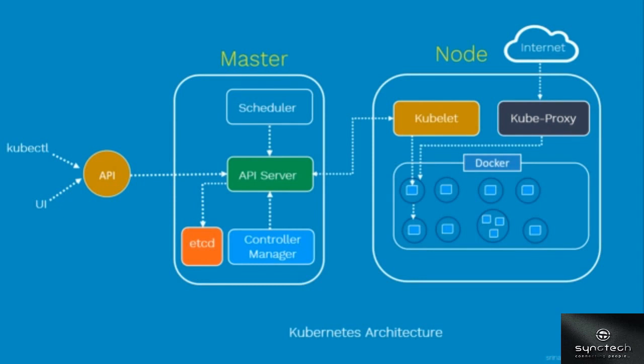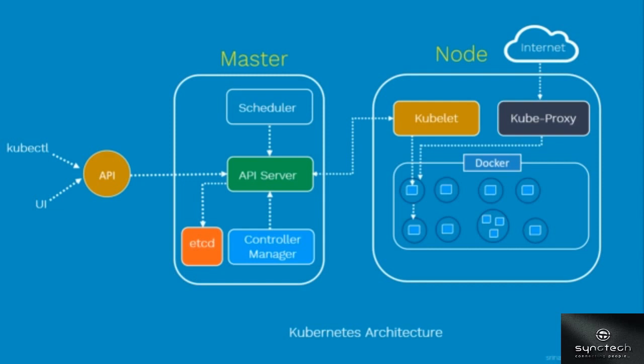Before we get into the details, I just want to quickly show you what the Kubernetes architecture looks like and what components the Kubernetes master and the worker node have. As you can see, the Kubernetes master consists of the API server, scheduler, etcd, and controller manager. The API server is a kind of gatekeeper for the entire cluster.